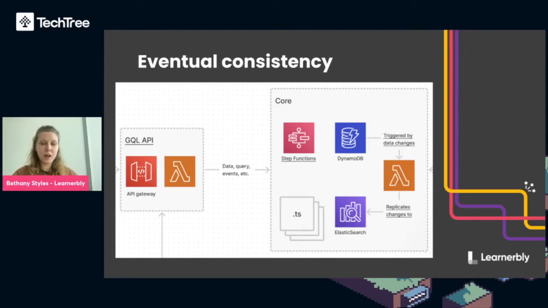Initially, we only served in the United Kingdom, as I mentioned earlier. And when we went global, we needed to make the platform relevant, so showing relevant in-person courses. We needed to introduce a new field on our database and onto Elasticsearch for where our users lived.